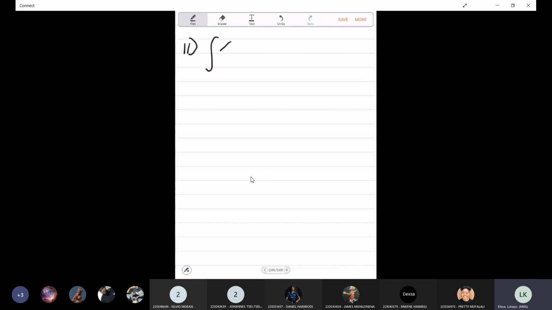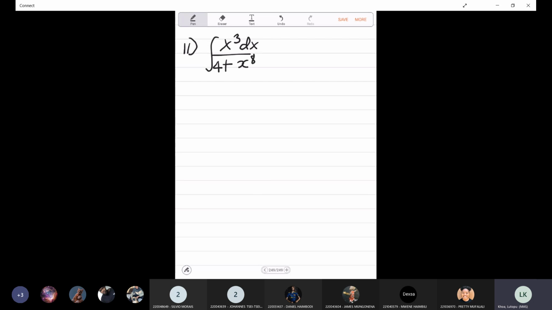Of the integral of x to the power of 3 over 4 plus x to the power of 8. Okay, so again here dx. So again here we do the same thing.